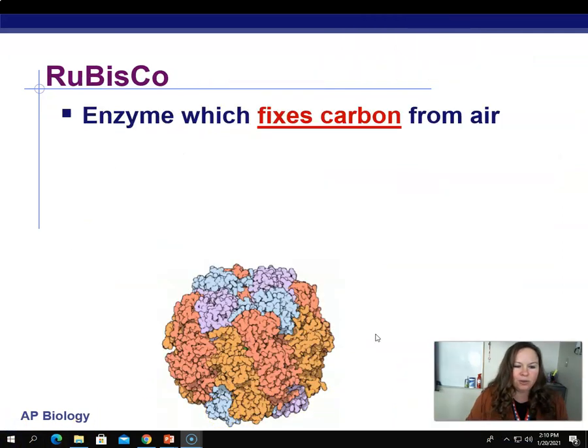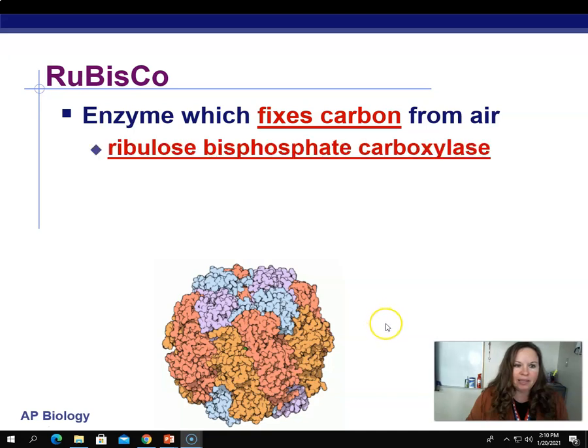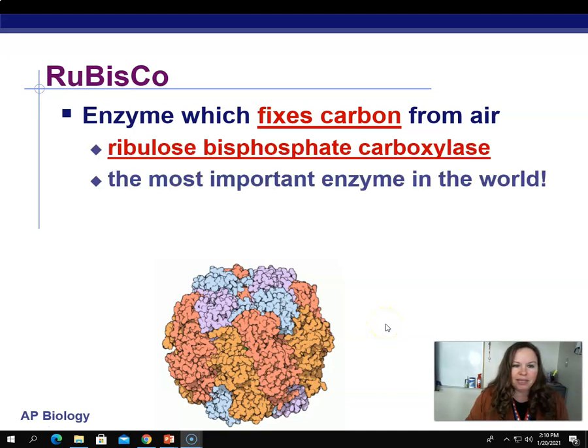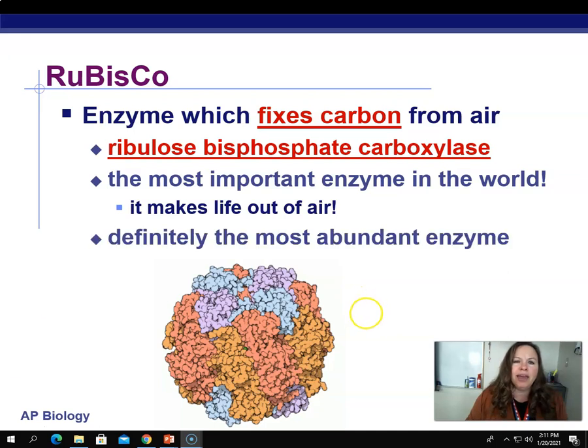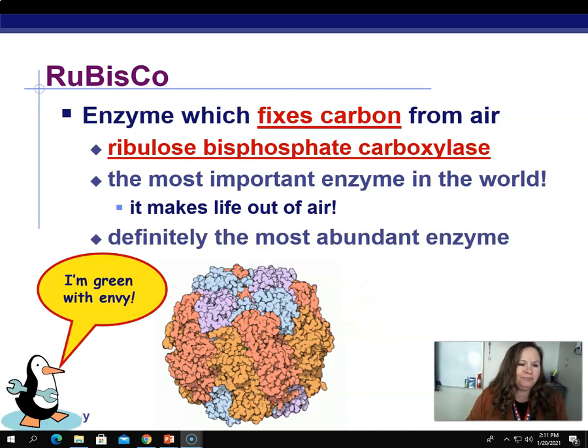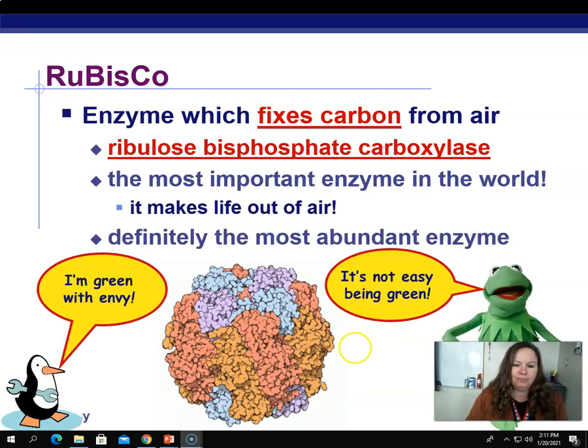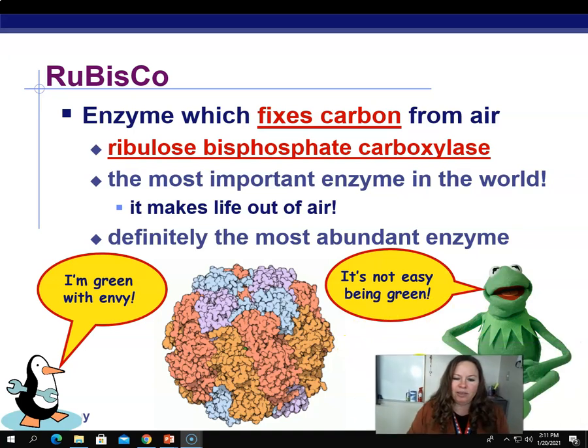So Rubisco looks like kind of a big blobby enzyme, is such an important enzyme that it grabs carbon dioxide from the air. Wow, and can then fix it into organic molecules that we can use. More importantly, producers can use, literally making life out of air. Kermit the Frog is green with envy.